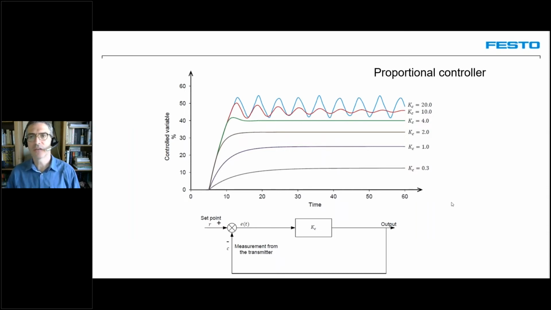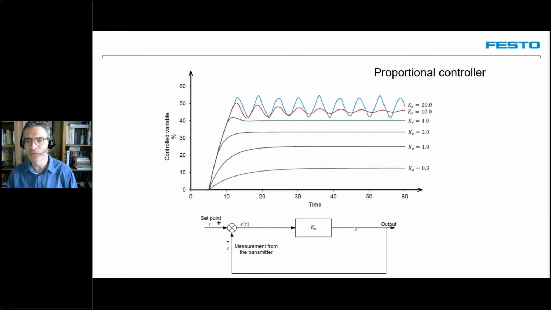So let's first have a look at the proportional controller, the simplest of controllers. The schematic at the bottom here is really what we see all the time in feedback control. We have the output of our controller here after the KC box. Sorry, what I said is not right, this is not the output to the pump.